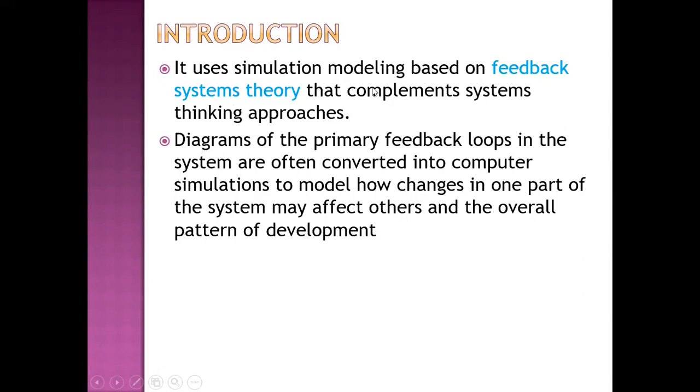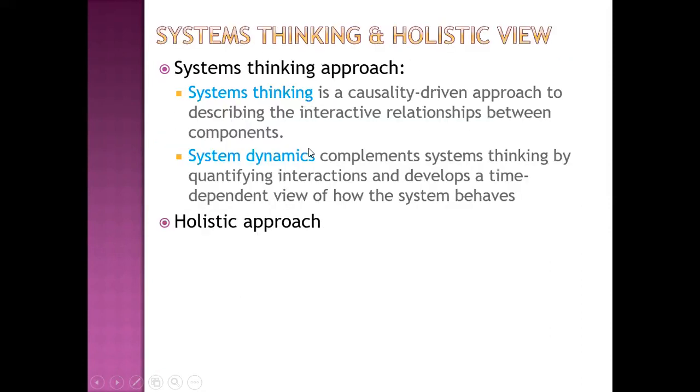It uses simulation modeling based on feedback systems theory that complements the systems thinking approach. Diagrams of the primary feedback loops in the system are often converted into computer simulations to model how changes in one part of the system may affect others and the overall pattern of development.